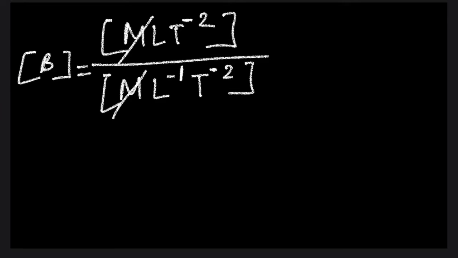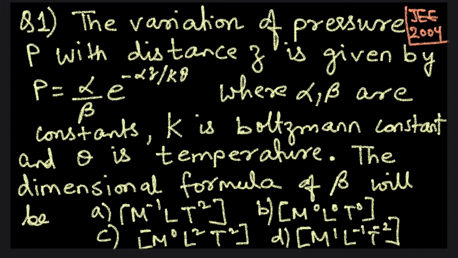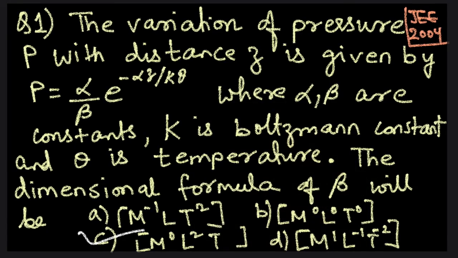M is getting cancelled, T is also getting cancelled. I am left with L square. So L square is my answer. So the dimension of beta is L square. Let's find out which option. Yes, it is this option. So C is my option.